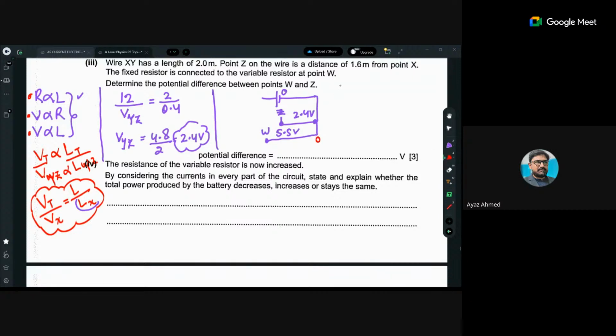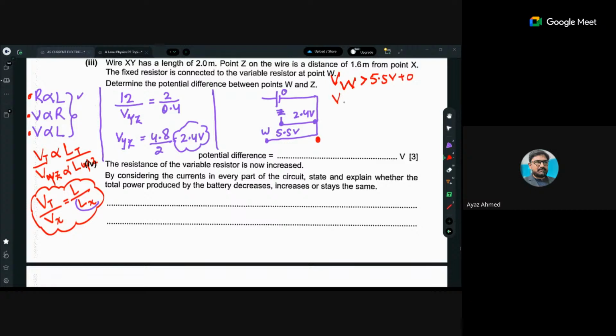It means W has a potential, V of W is 5.5 times zero potential. From this point it is 5.5 times greater, or you can say in other words that it is 5.5 plus 0.